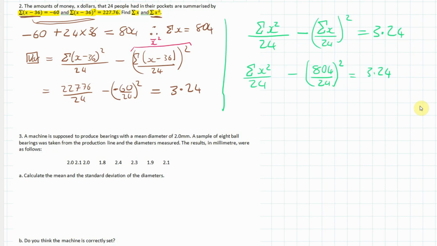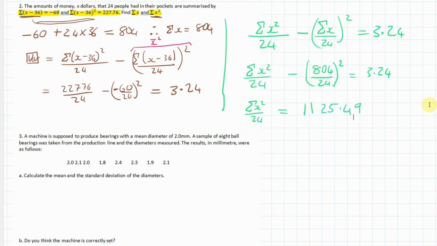So I get 3.24 plus, open bracket, 804 over 24, and we're going to square that whole thing. So I would get the sum of x squared over 24 equals, what have I got here?